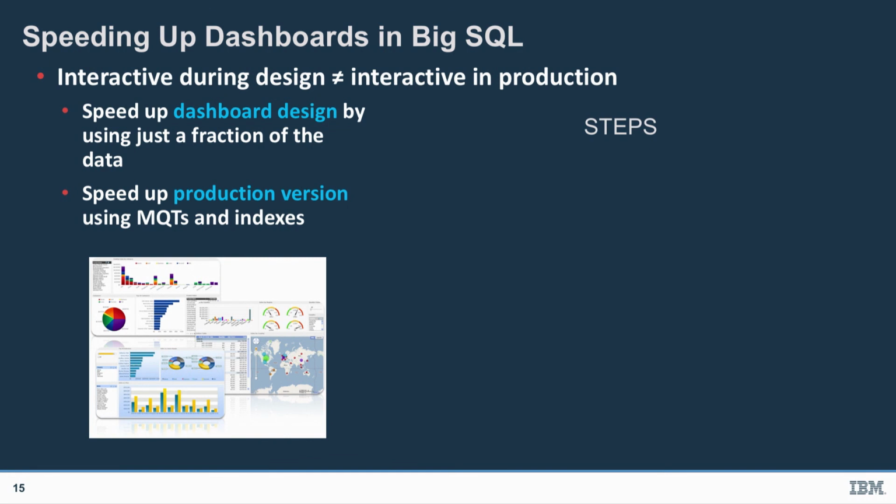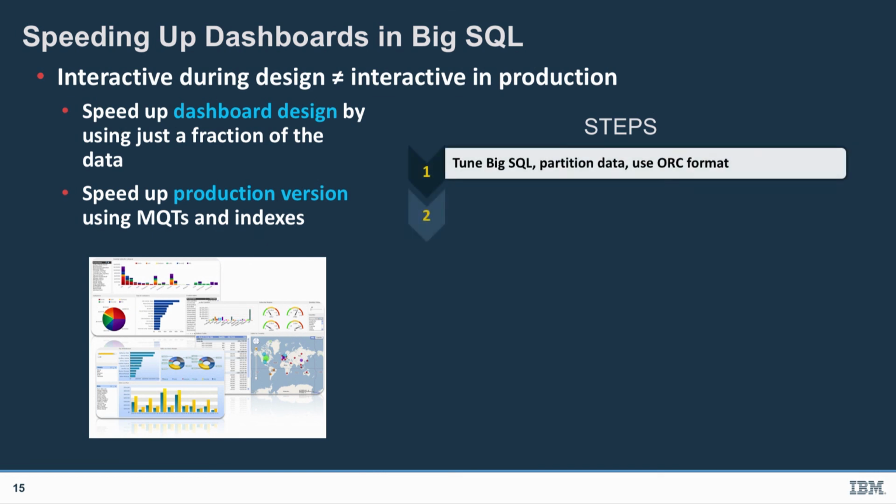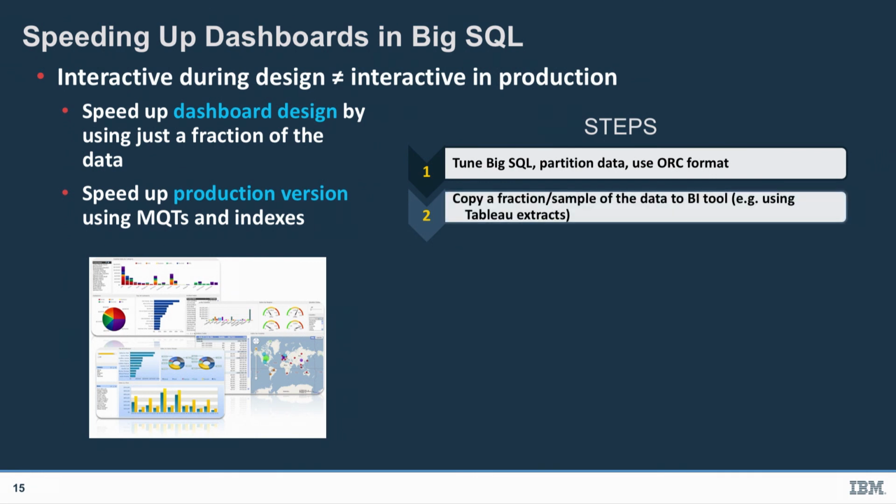How do you use that when you try to speed up a Tableau dashboard? The first thing is obviously you tune the engine. The second thing is that you don't want to use your live data when you're designing the dashboard. When you're designing the dashboard, you might leverage the caching capability on Tableau or Cognos.